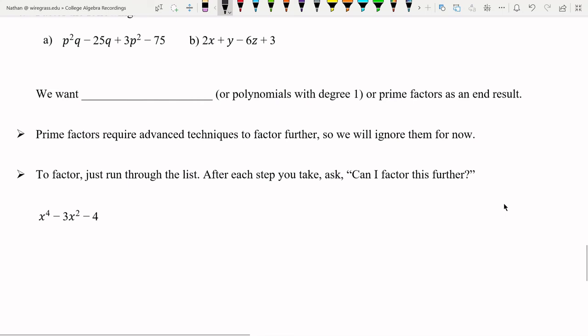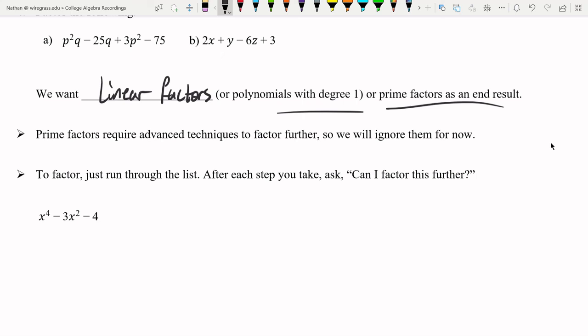Now, what we want are linear factors or polynomials with degree 1. These are what are linear factors. We want those specifically, but if we have prime factors as an end result, then that's okay too. So linear factors are like x plus 3, y minus 1, anything, s minus 15.6.